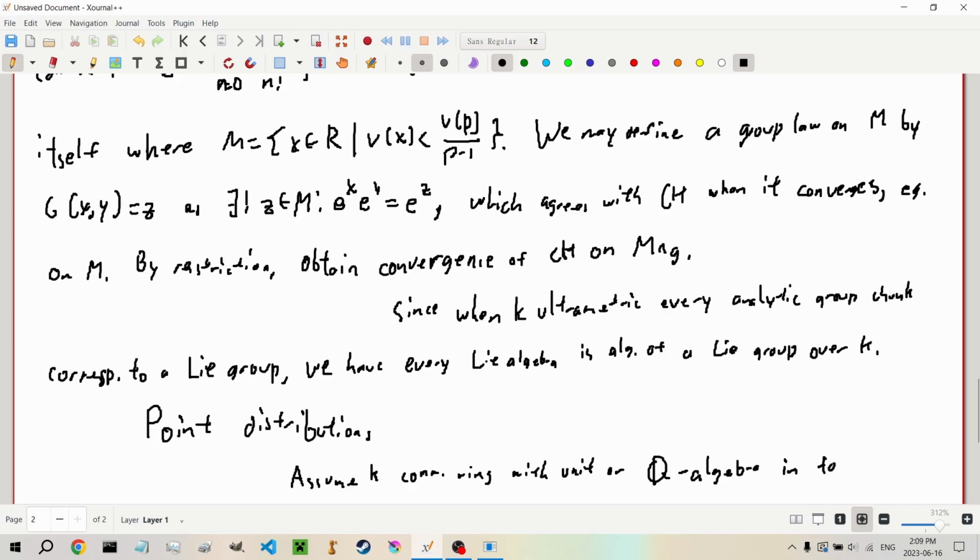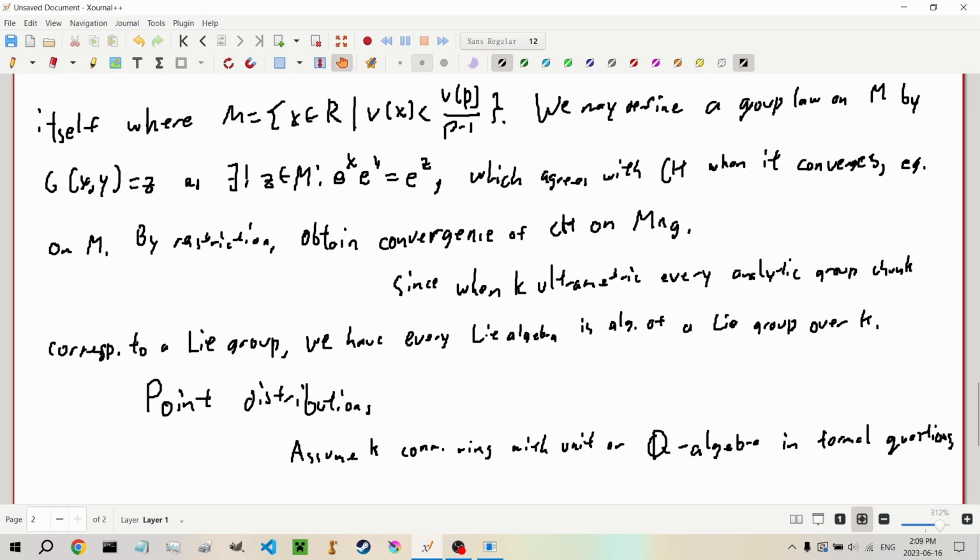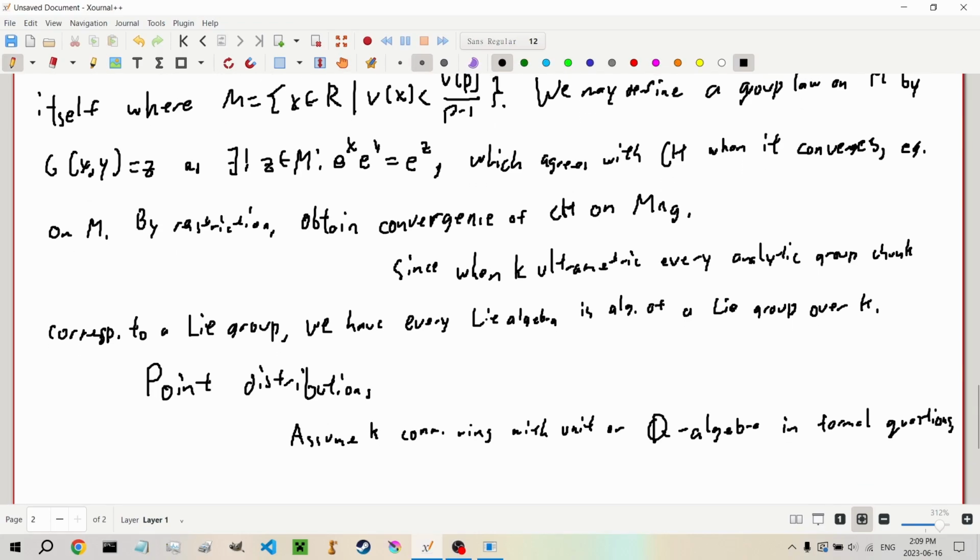In informal questions and in a setting of convergence questions, it can be a field complete with respect to a non-trivial absolute value in convergence questions.